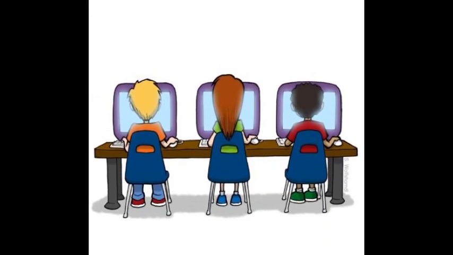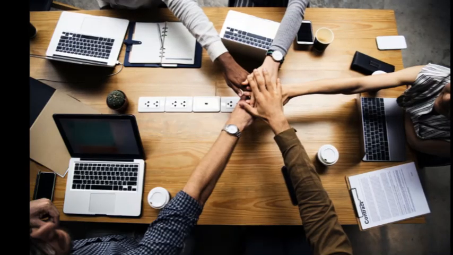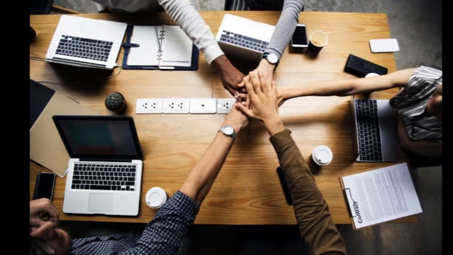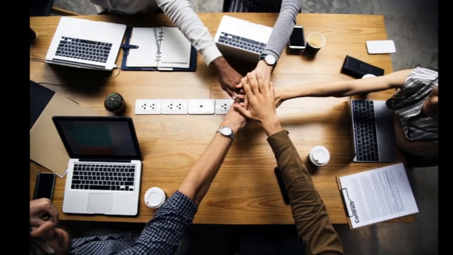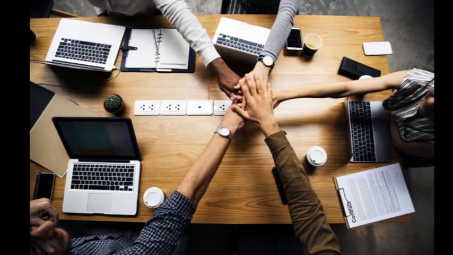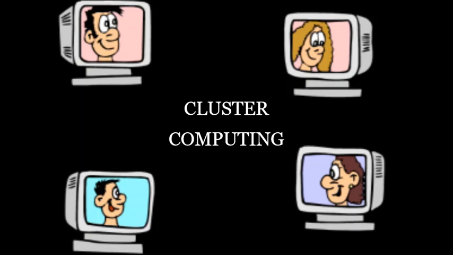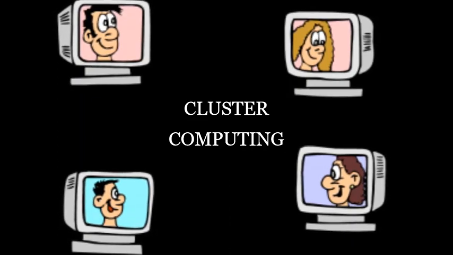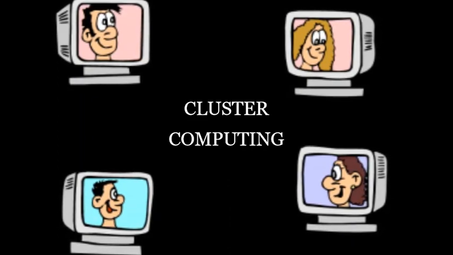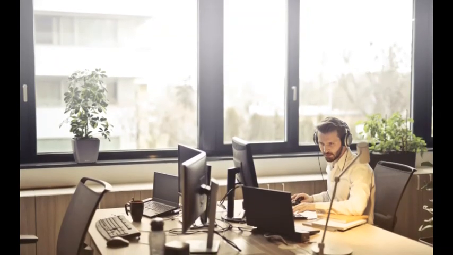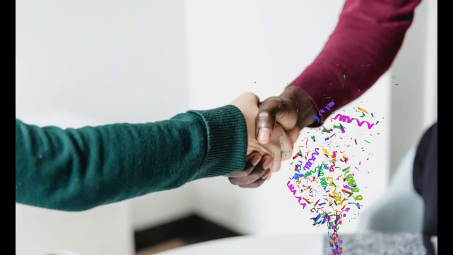Three of them own a computer and are ready to give me their computers to complete my assigned work. So I connect all the four computers together at my home and get the work done. So this is an example of cluster computing, where all the computers are physically connected to each other and are sharing their resources.